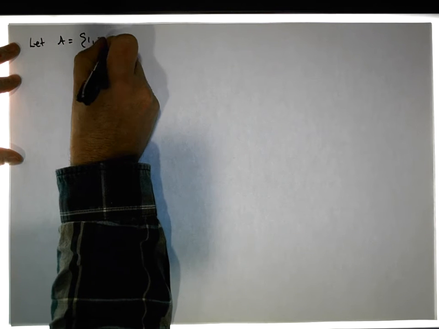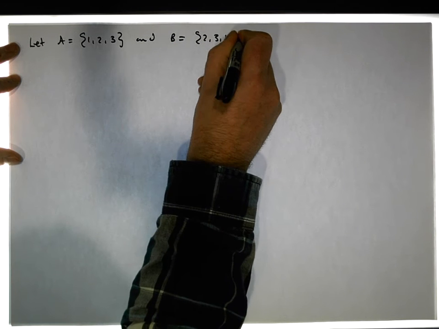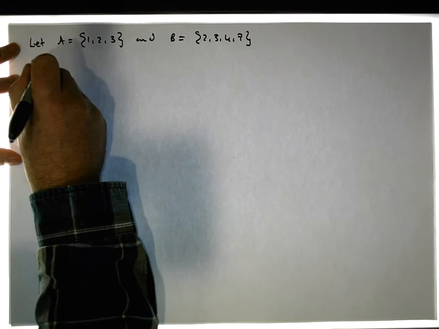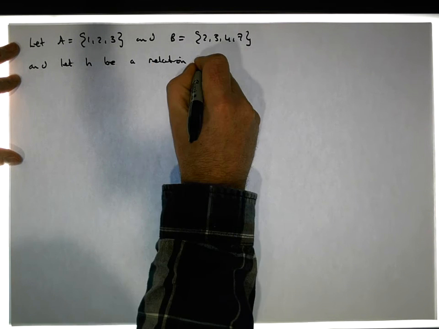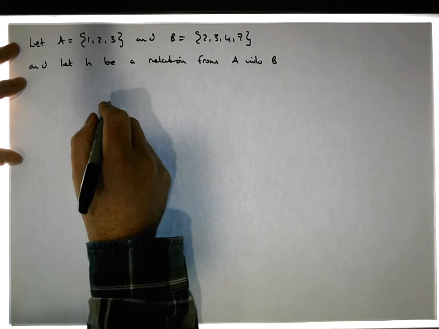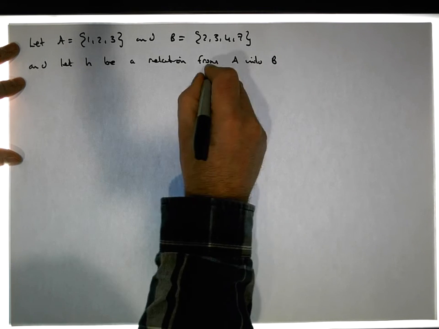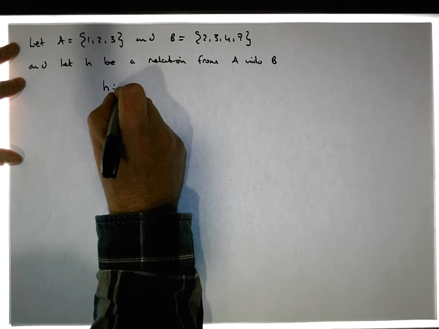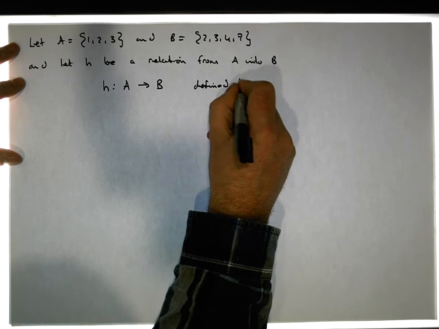Let A equal the set 1, 2, and 3, and B equal the set 2, 3, 4, and 7, and let H be a relation from A into B. What I mean by that is, H is a mapping from A into B, defined by the following thing.